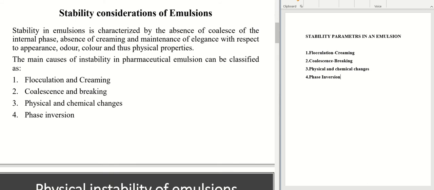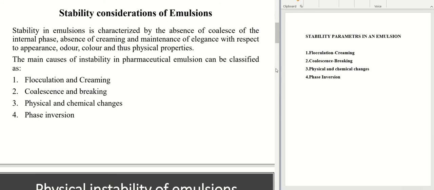The name itself indicates that the supposed internal phase becomes the external phase, and the external phase tends to be the internal phase. And this happens when a proper proportion of internal phase and external phase is not maintained. Now, these are the stability parameters that are to be kept in mind while preparing an emulsion.